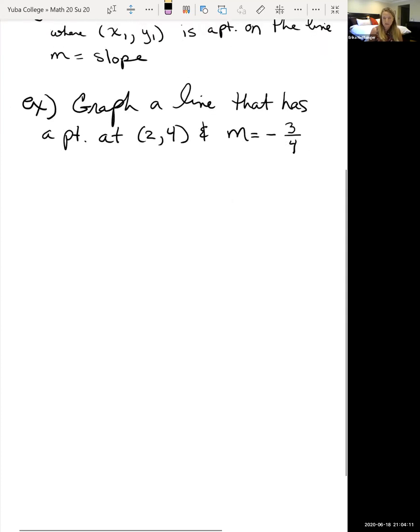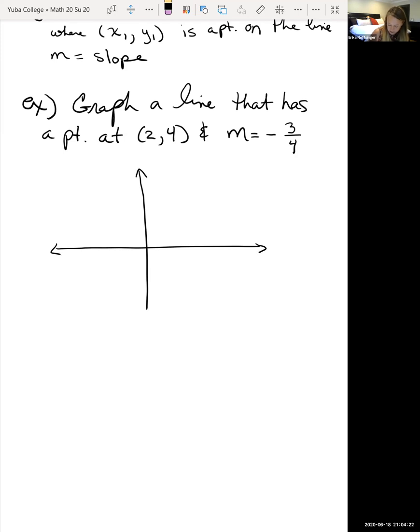So because we're given a point, we're good, and we can graph this, and we're given the slope. And so we want to plot the point (2, 4). Horizontal axis is your x-axis, vertical is your y-axis, always in the form xy. So go over 2 and up 4.